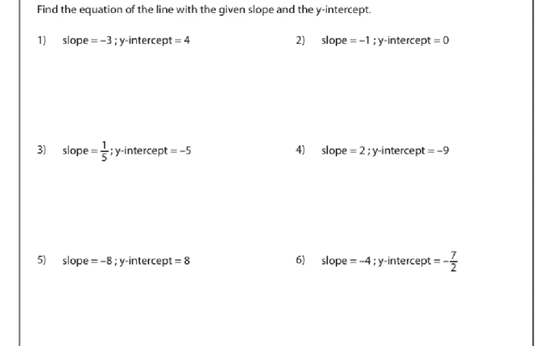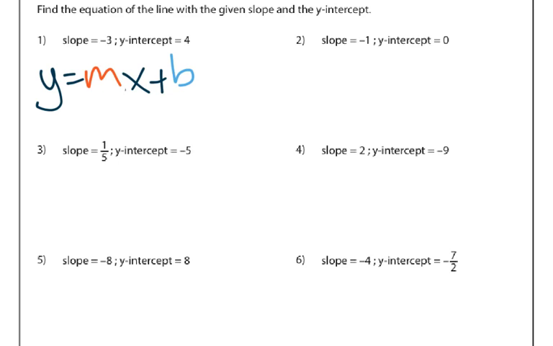Okay, in the second part of the video, we are going to be given the slope and the y-intercept, and we're going to write it in an equation format. So don't forget that the equation is always going to be y equals mx plus b, where m is the slope and b is the y-intercept.